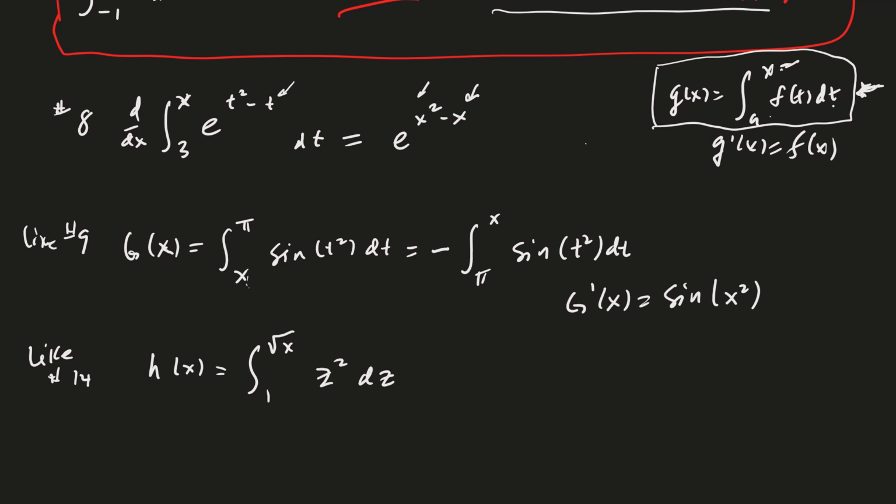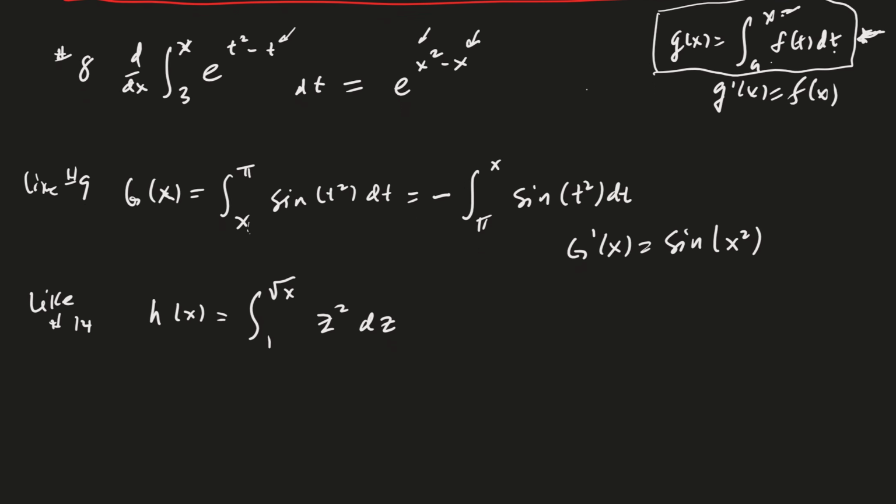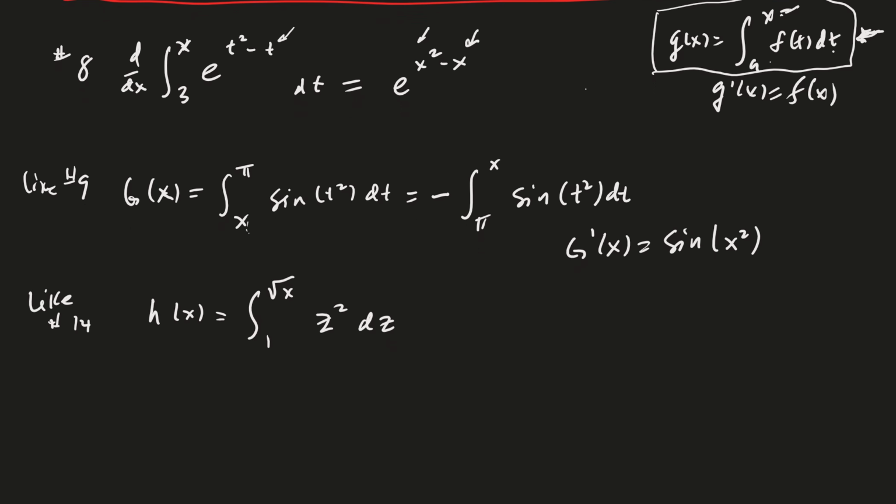And now how about this one? The last one here. H of x is equal to the integral from 1 to the square root of x of z squared dz. That's weird. Because up here I have x, I don't have a function of x.